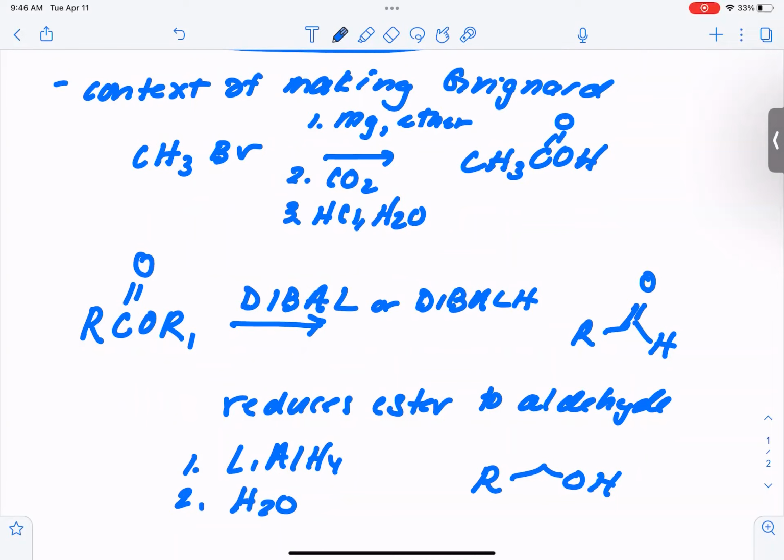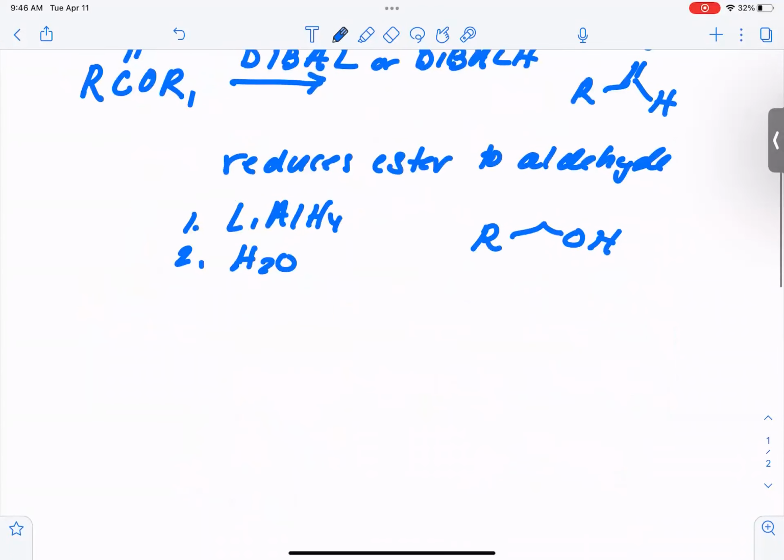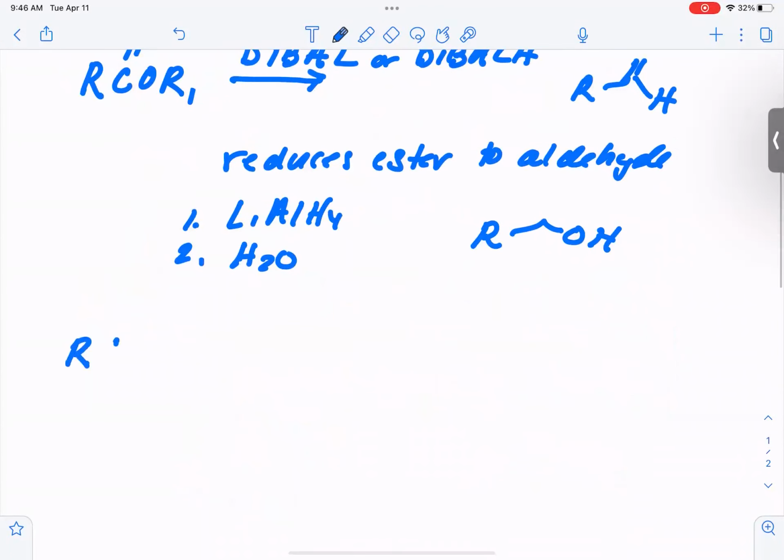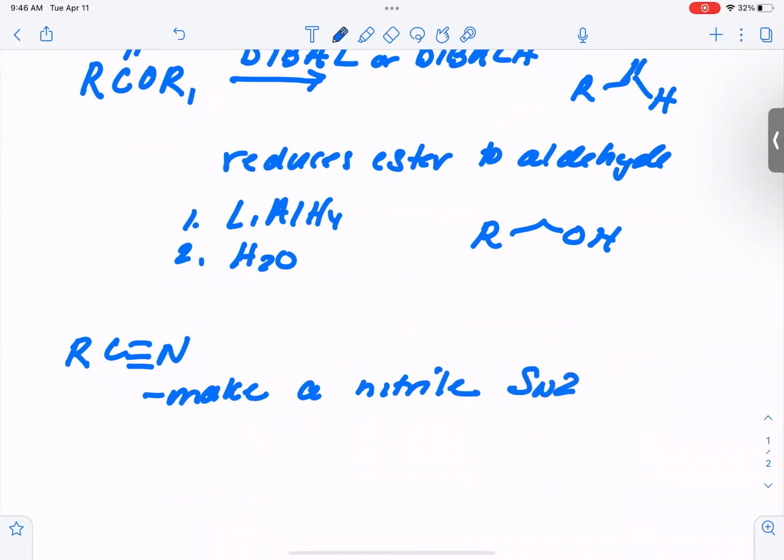And then the other couple of reactions that we did involved your nitriles. So you can make a nitrile by doing an SN2 reaction, right? So that you have your alkyl halide. You treat with sodium cyanide and you get your nitrile.